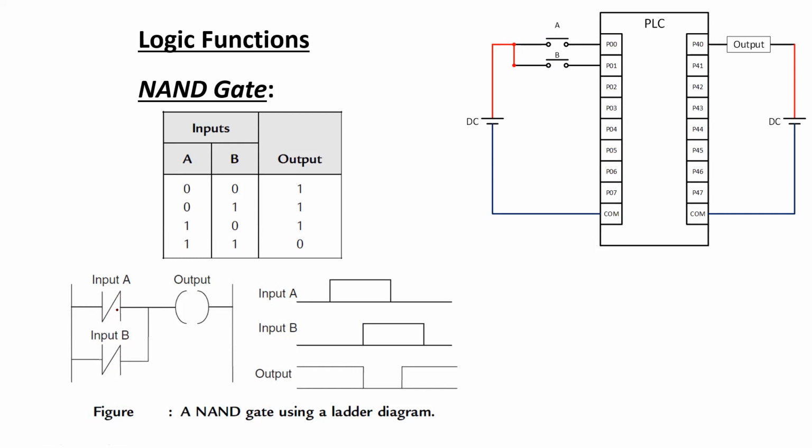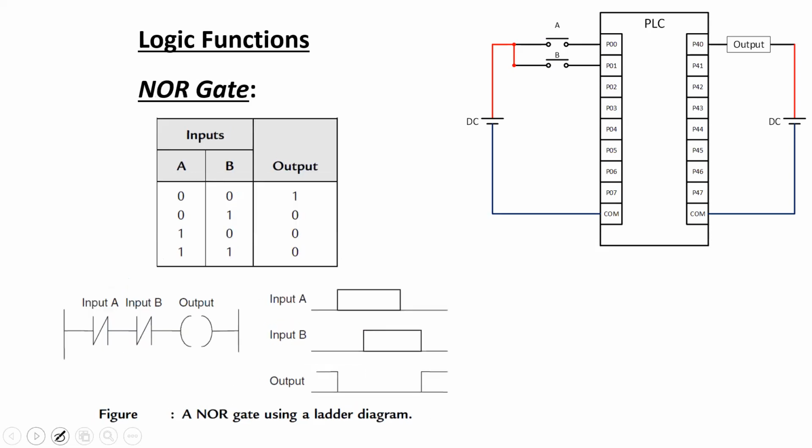That would be sufficient to implement the NAND gates. And in order to implement NOR gates, normally closed contacts can be used, and they can be connected in series along with the output coil, which would give you the required output.